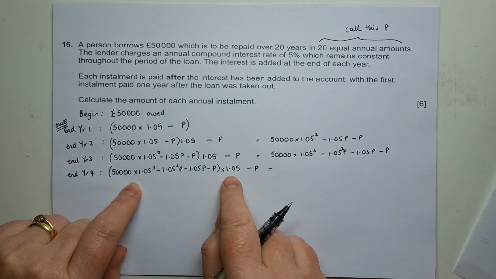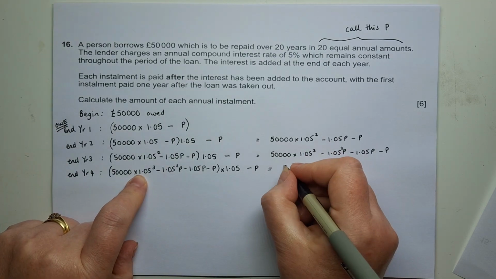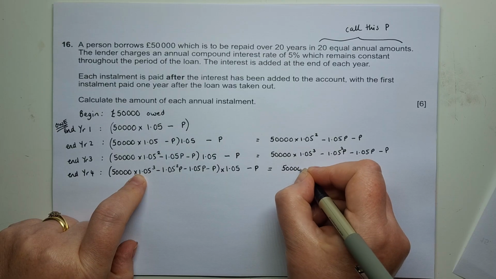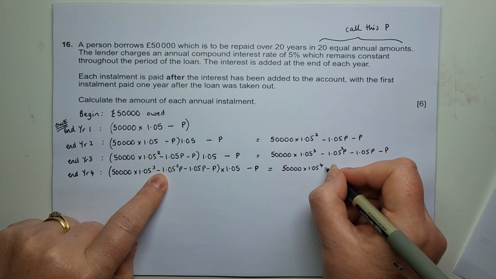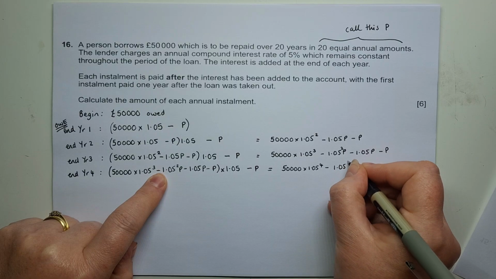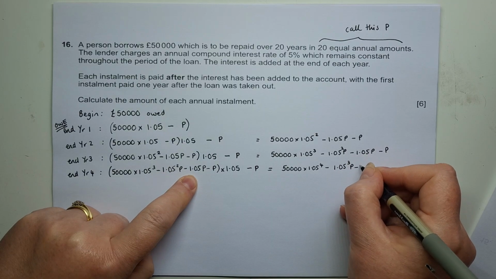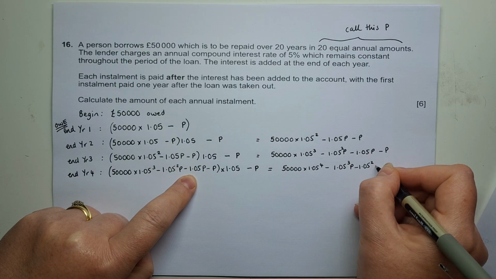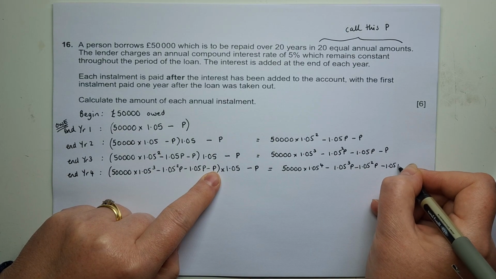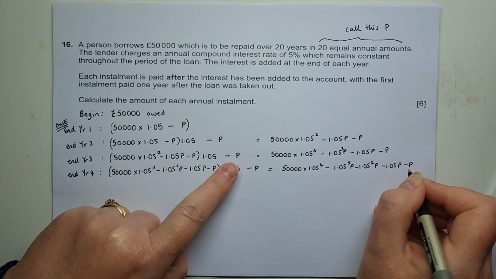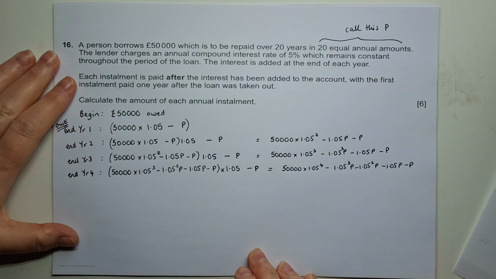So now we're going to times out with this 1.05, so we get 50,000 times 1.05 to the 4 minus 1.05 cubed P minus 1.05 squared P minus 1.05 P minus P. Okay, we can definitely see a pattern now.